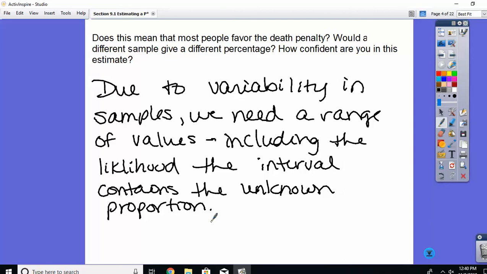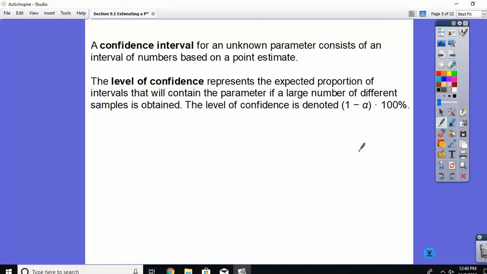So we need to be able to build that range of values along with how confident are we that the true value falls in there. So that leads us into our next two definitions. We are talking about a confidence interval and a level of confidence.